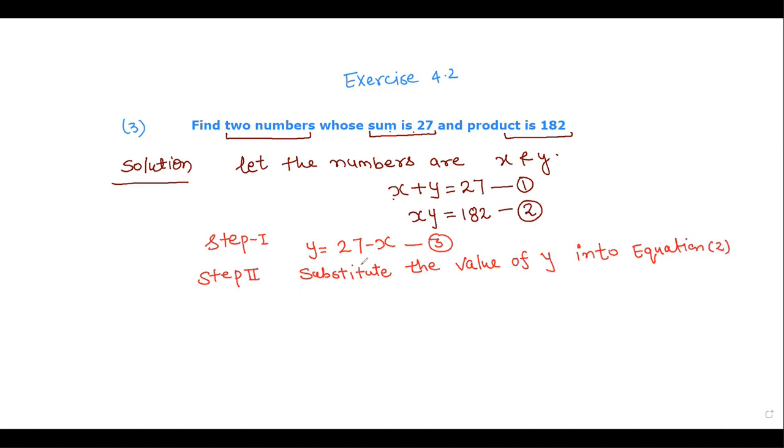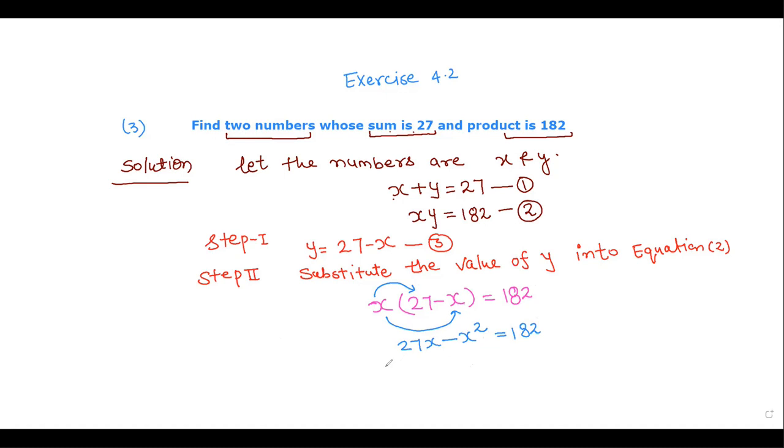So if we substitute the value, the second equation will be x into y. So y we have now 27 minus x, equal to 182. Now students, if we multiply x with 27 and then with negative x, it will become 27x minus x square equal to 182.